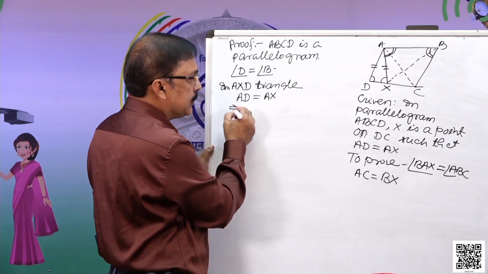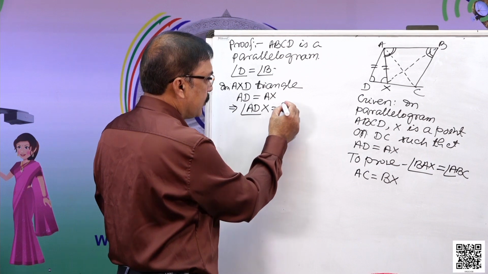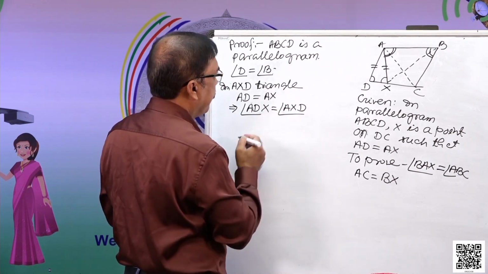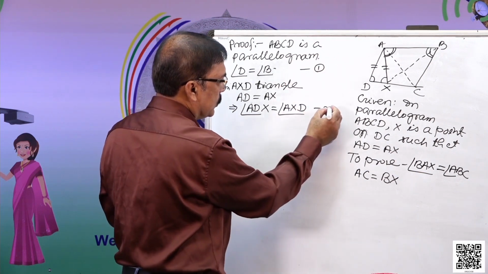This implies angle ADX is equal to angle AXD. This is 1, this is 2.